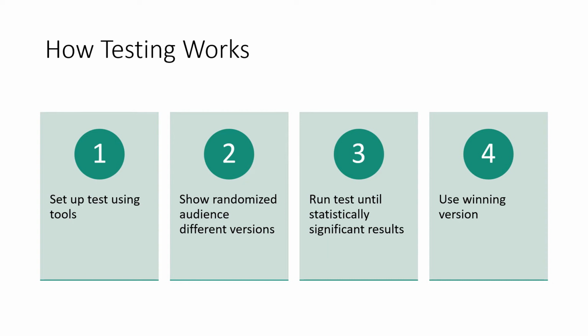Once that's happened, then the tool is going to tell you which one is the winning version. Let's say 10,000 people came to your website, 70% of them actually clicked on the dog and not on the cat.